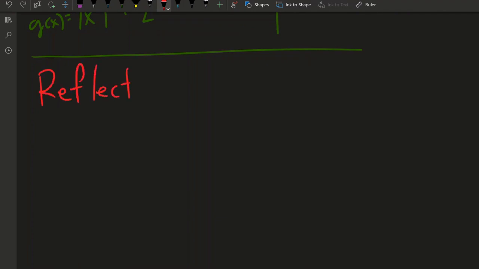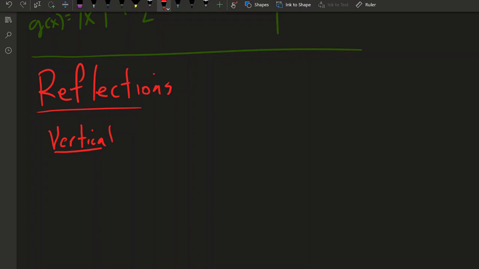The next transformation that we have is reflections. Now, reflections are one of the easier ones because we just multiply by -1, but the trick is, where do we multiply by -1? So, for a vertical reflection, a vertical reflection would be reflecting across the x-axis.